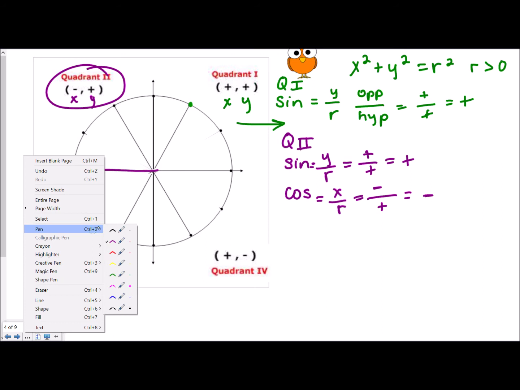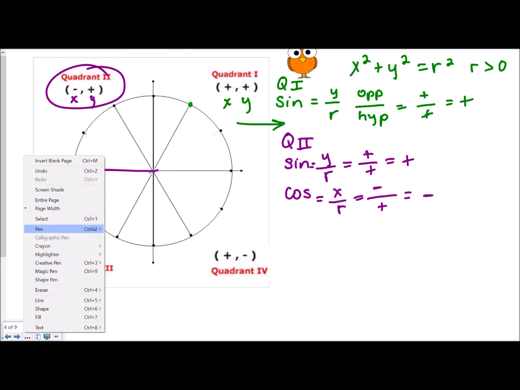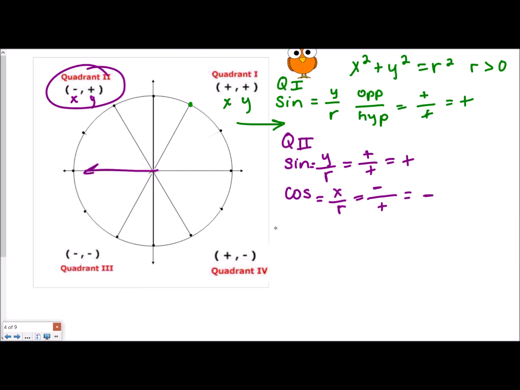Quadrant 3 down here, both x and y are negative. So if I take the sine, which is y over r, that's a negative divided by a positive, the answer will be negative.